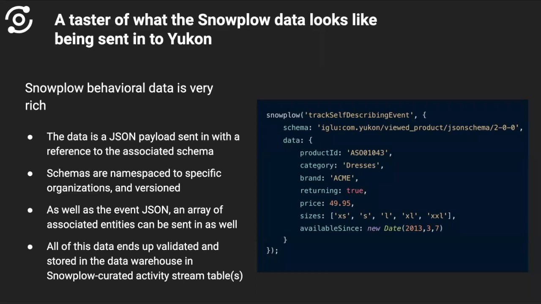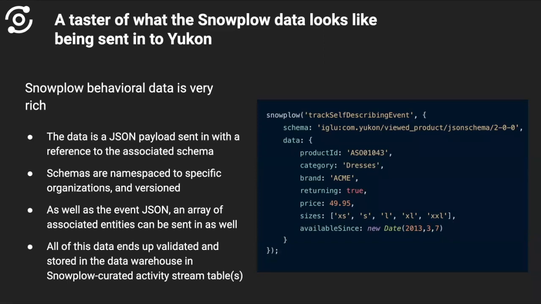Fundamentally, when these events land in the Snowplow pipeline, Snowplow will go and look up the schema definition from the schema registry, and it will cross-check the data that it's received against that registry schema. If it passes, so if this data payload matches the schema definition, then the data will be flowed through into the warehouse successfully.